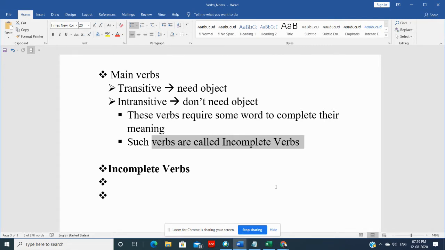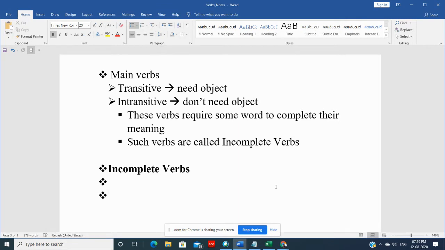They both don't need an object, but incomplete verbs require some word to complete the meaning, and these verbs are not actually action verbs. So, they are called incomplete verbs. Now let's look at these incomplete verbs.